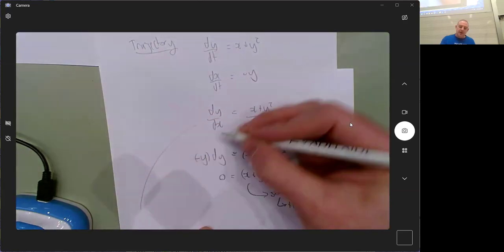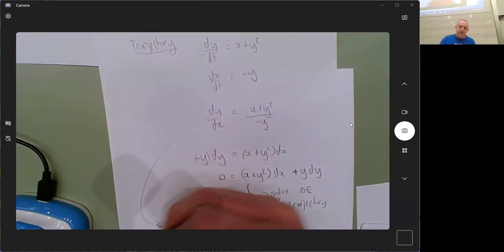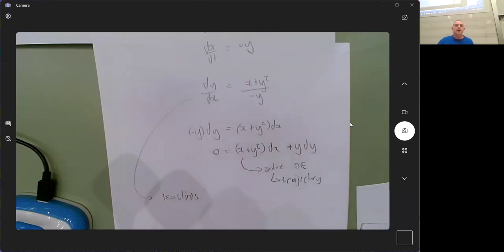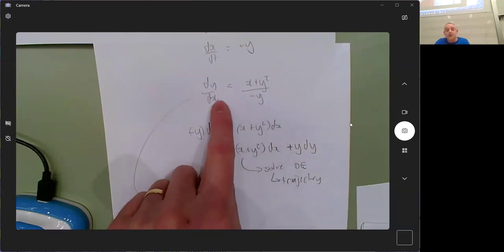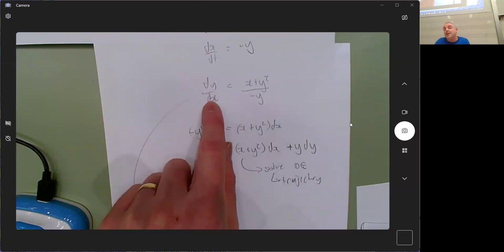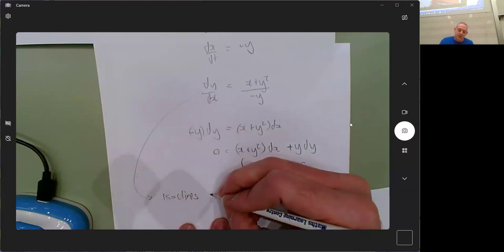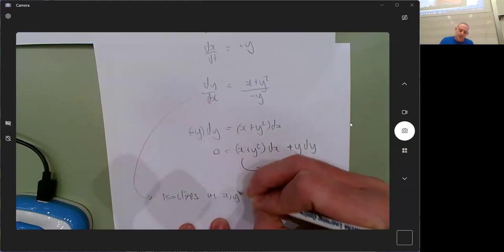But by a separate path, you can get isoclines. And isoclines happen if you find all the points x, y that have the same answer for dy on dx. That's an isocline.